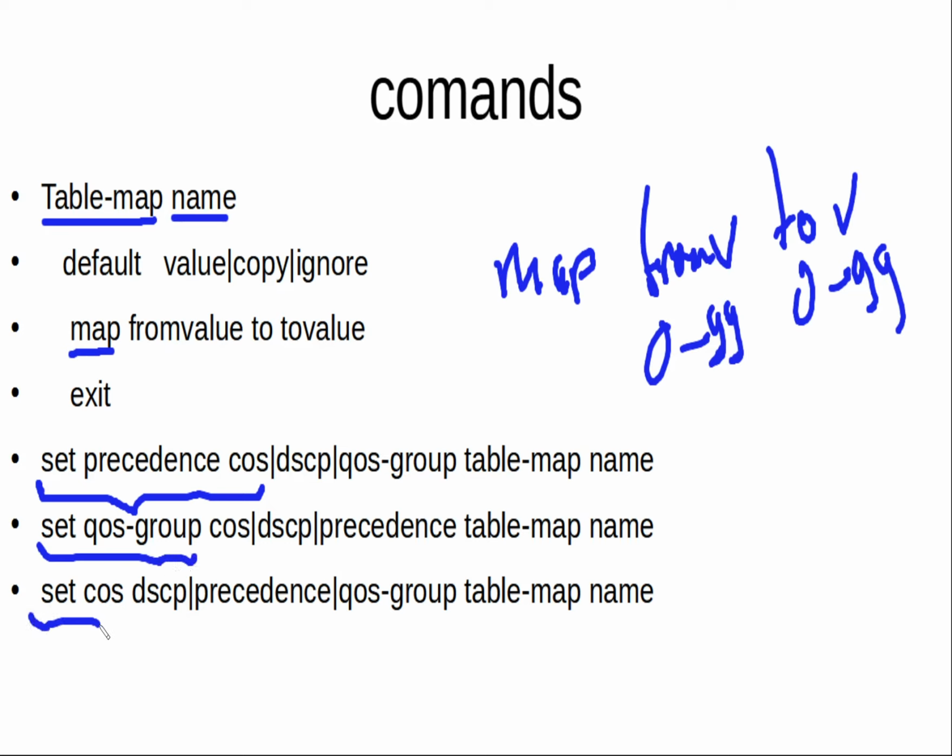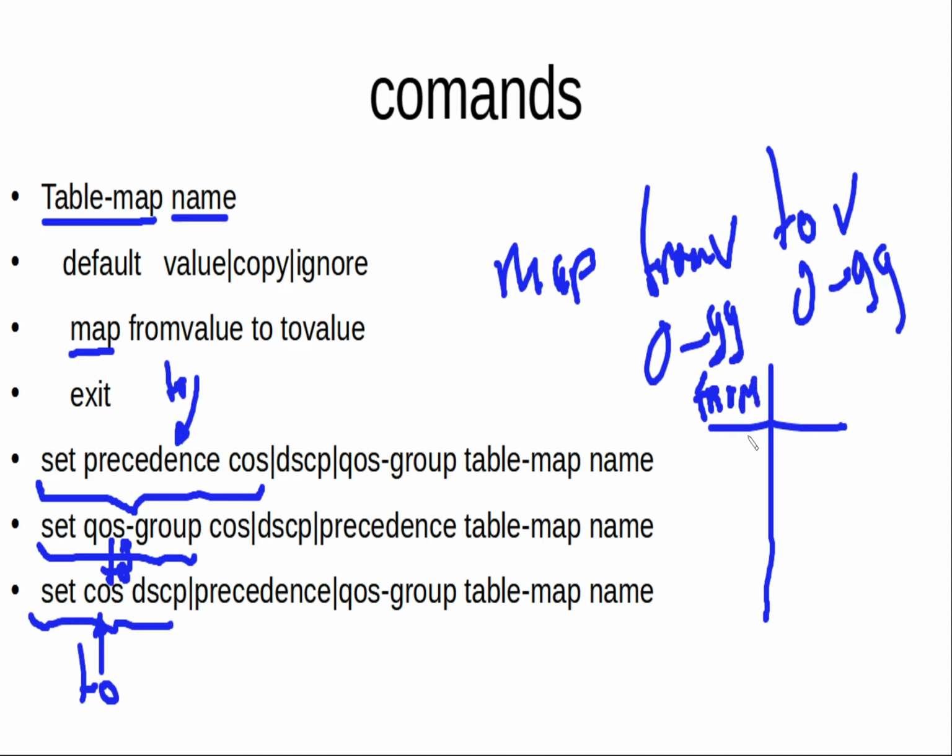In this case, for instance, we are going to say that the to value is COS. In this case, the to value is quality of service group. In this case, the to value is precedence. Because when you build a table map and you read it, you know that you are creating a table with a from value and a to value.